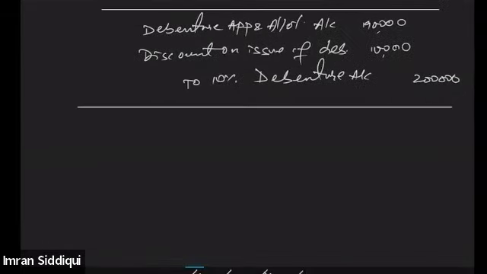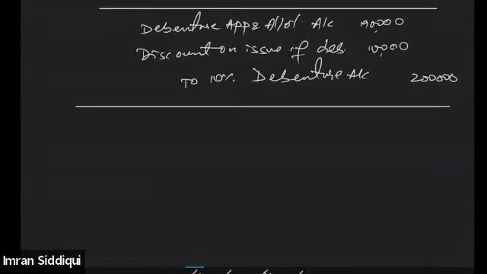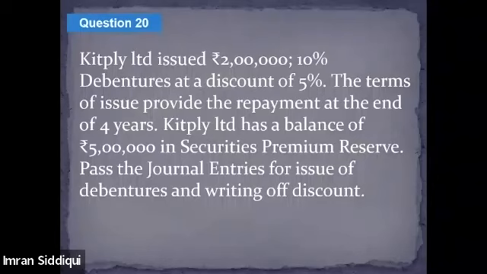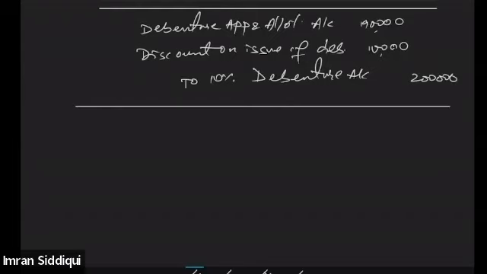Now, one last entry for writing off the discount. Before writing off the loss, discount on issue of debenture, we need to ensure how much amount we have available in security premium reserve. So we have 5 lakh available. That means we have sufficient amount of reserve available, right?